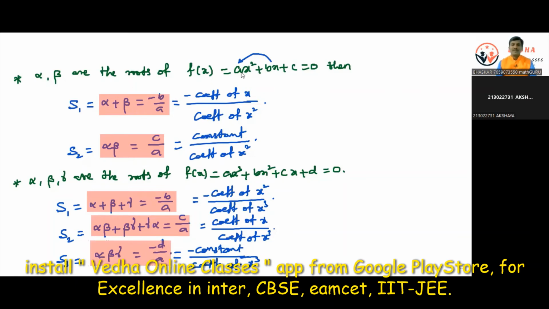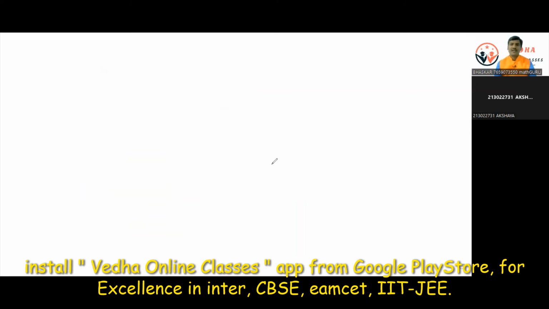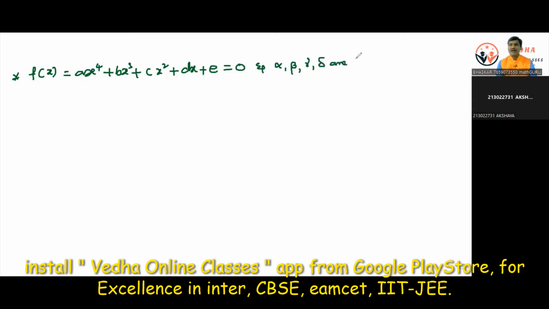If we take a biquadratic equation, f of x is equal to ax to the power 4 plus bx cube plus cx square plus dx plus e is equal to 0, and alpha, beta, gamma, delta are the roots.